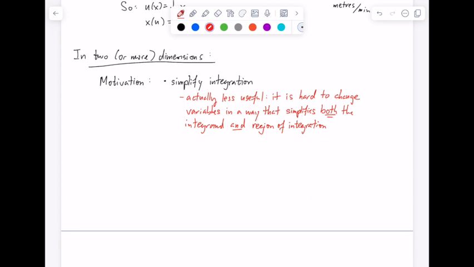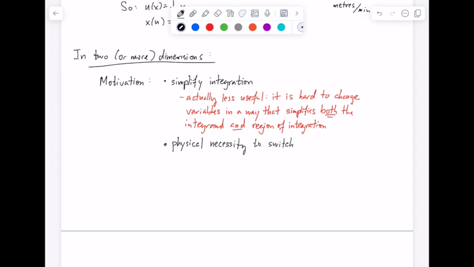And as we know from setting up double integrals, how to set up the integrating region is oftentimes just as difficult as evaluating the integral itself. So it's very hard to optimally find a substitution that works well for both the integrand and the domain. But nonetheless, it's sometimes useful.